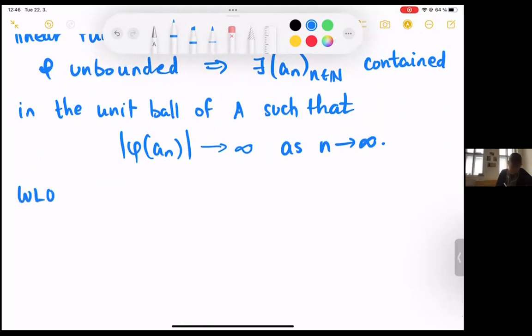Since things are composed of positive elements, without loss of generality we can assume that each a_n is in fact positive.